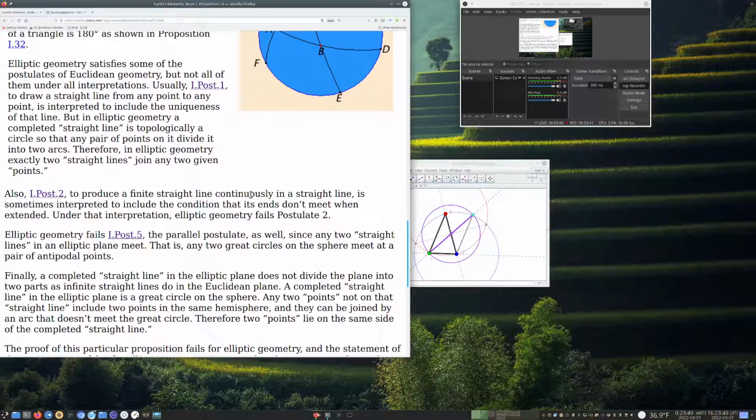Finally, a completed straight line in the elliptic plane does not divide the plane into two parts as the infinite straight lines do in the Euclidean plane. Yes, doesn't it?